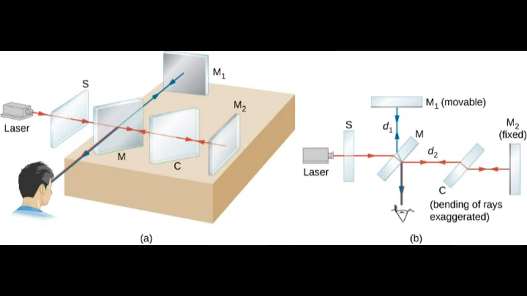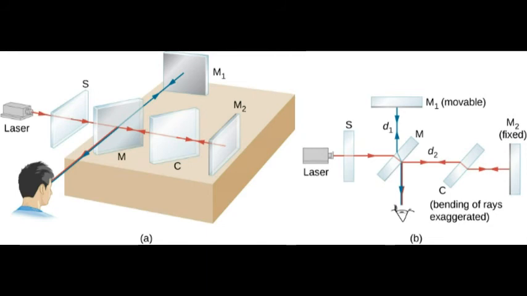One part is transmitted through the compensating plate to the mirror M1, and the other is reflected by the beam splitter to the fixed mirror M2. From both these mirrors the rays are reflected back, and they reunite at the semi-reflecting surface, from where they are transmitted to the human eye, and thus the fringes are observed.